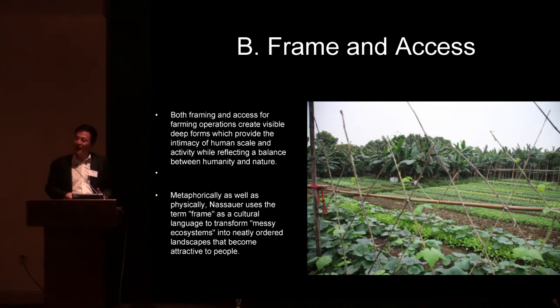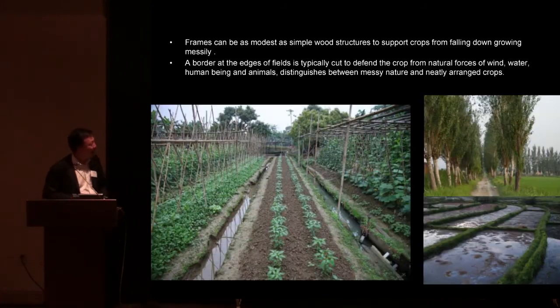Now, the frame, I literally use as a physical term, frame, not metaphorically. Physically, from a very thin, very little frame to frame a vine to make it productive, to any kind of frame. Here you can see a larger scale frame to build this green belt.